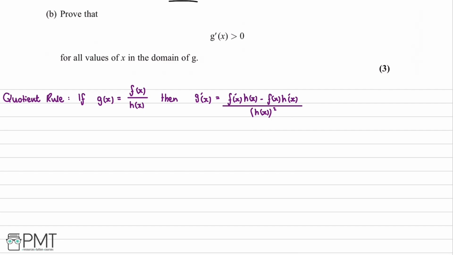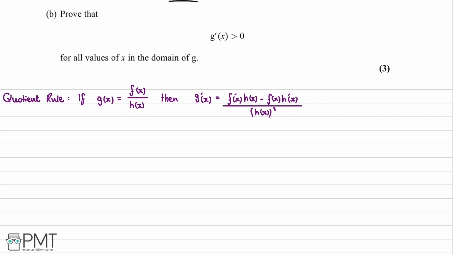If we have a fraction, with f of x as our numerator and h of x as our denominator, then the derivative, g dash x, is equal to the derivative of the numerator multiplied by the denominator, subtract the numerator multiplied by the derivative of the denominator, and then we divide all of this by h of x squared, the denominator of the original function squared.